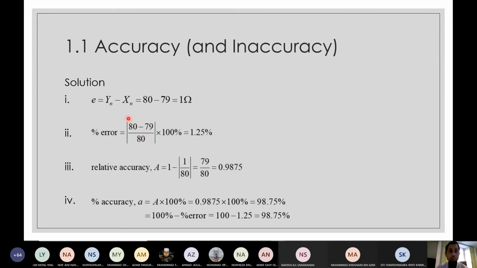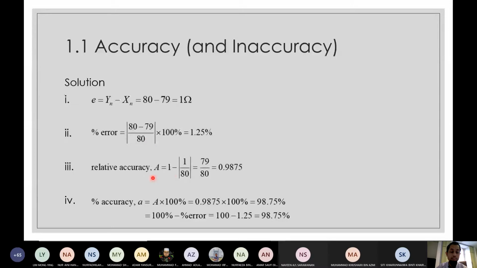But because we have modulus here, we convert all the negative values into positive values. Basically we have modulus to convert all the negative to positive values because we are not concerned about the polarity or the sign. We just want to know the absolute value.